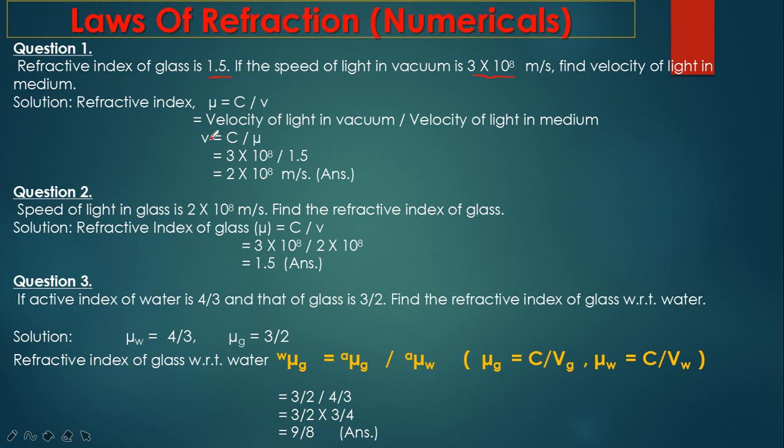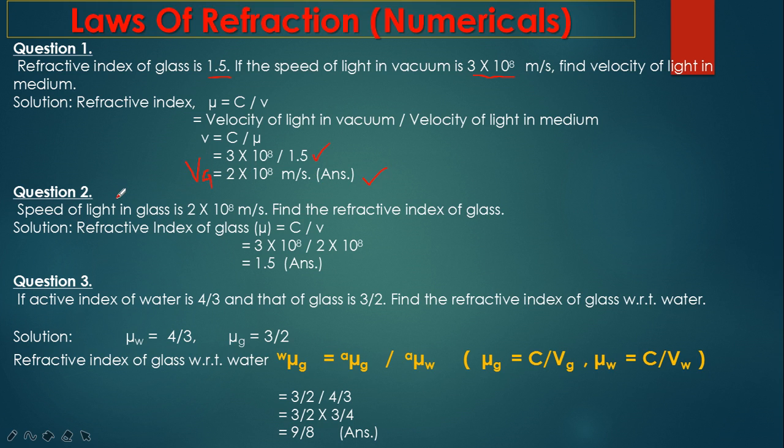So we have been given the refractive index of glass, so we have transposed it. So V, velocity of light in glass, equals C by the refractive index of glass. So C is 3 into 10 raised to the power 8 divided by 1.5, which is the refractive index of glass, and we get the velocity of light in glass, which is 2 into 10 raised to the power 8 meter per second. So very, very simple, you can see, just application of formula, placing the values.